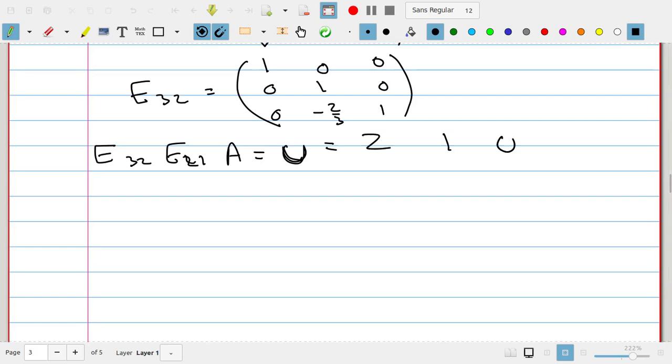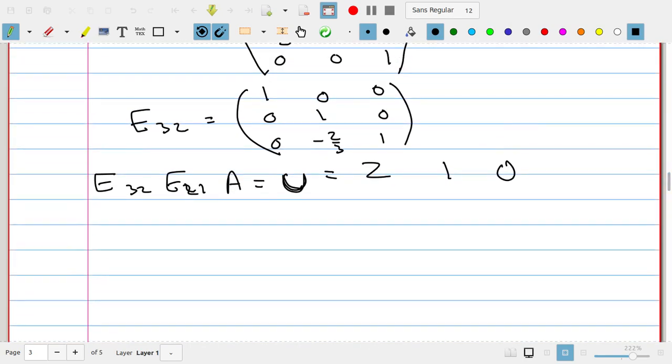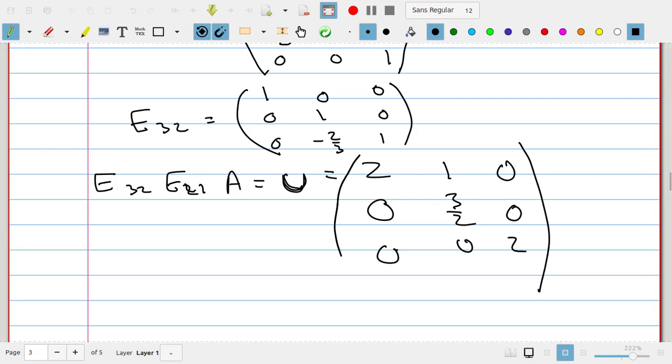Two, 1, 0, 0, 3 over 2, 0, 0, 0, 2. Okay, so this is my U. Notice that everything below the main diagonal is 0. So this is an upper triangular matrix.